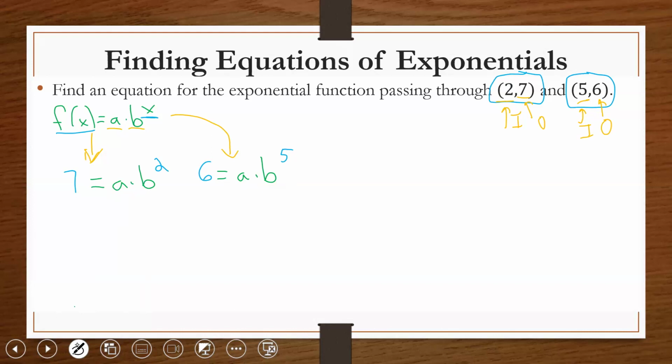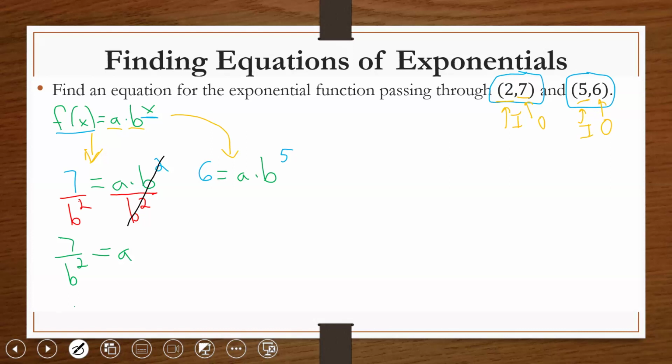So to solve for a, since the b squared is being multiplied by it, I'm going to divide by b squared on both sides of the equation. When I do that, that allows me to cancel out the b squareds here, and what we end up with is a equals 7 over b squared.